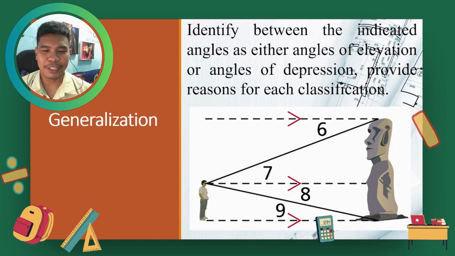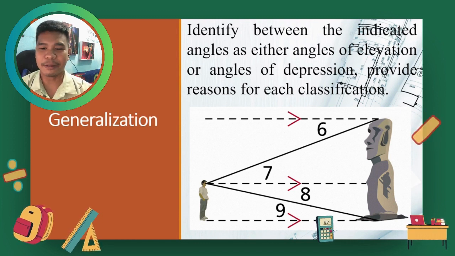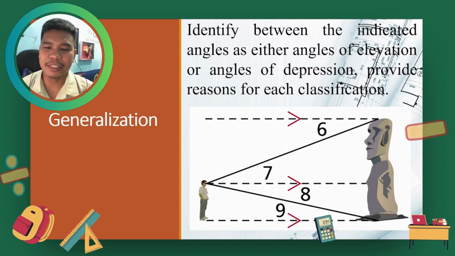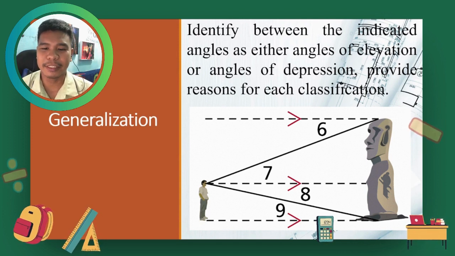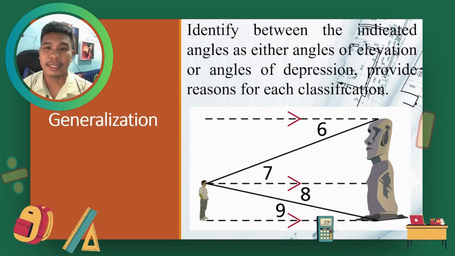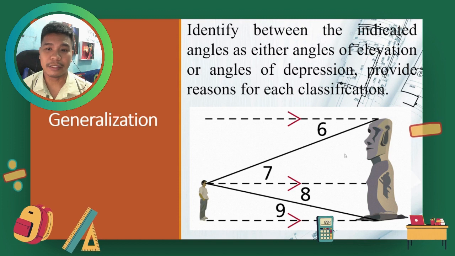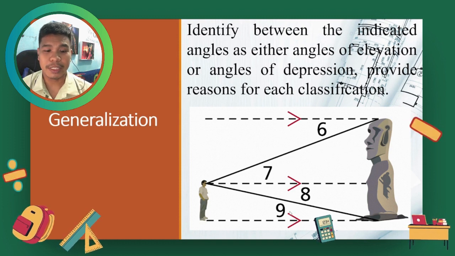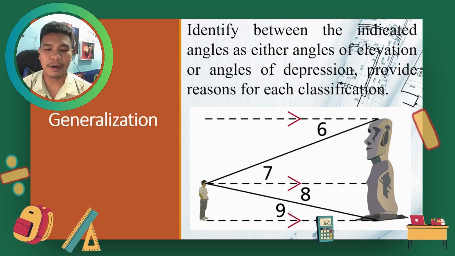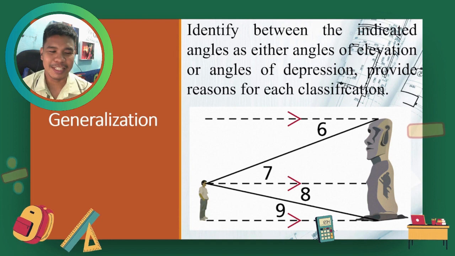From the illustration, angle 6 and angle 8 are angles of depression because they are angles formed by a horizontal line and a line of sight to a point below the line. And angle 7 and angle 9 are angles of elevation because they are angles formed by a horizontal line and a line of sight to a point above the line. Very good. So let us now proceed with your evaluation.